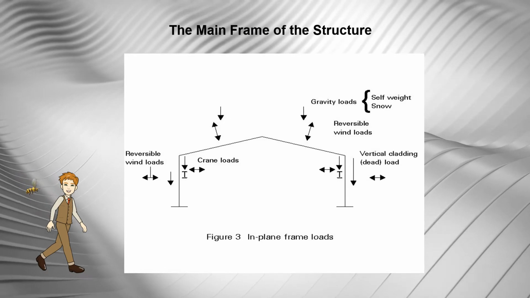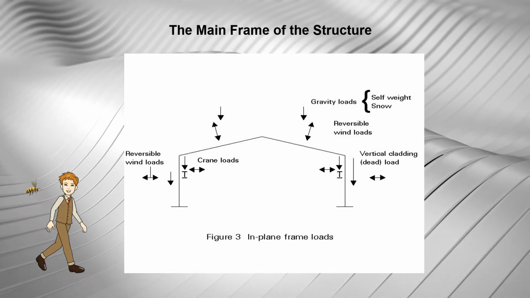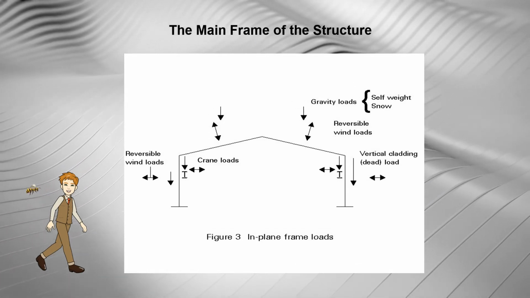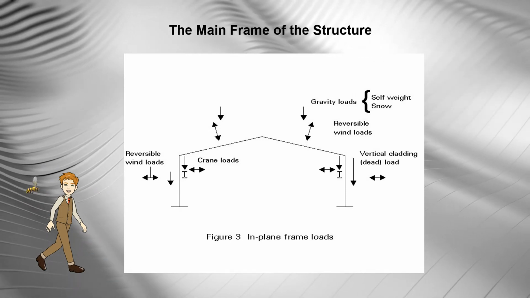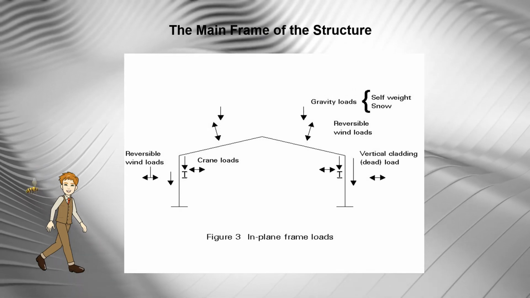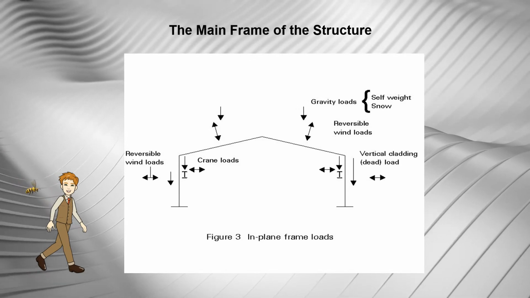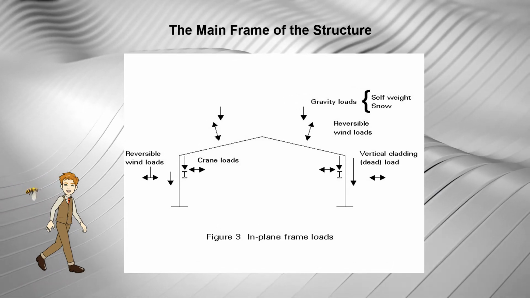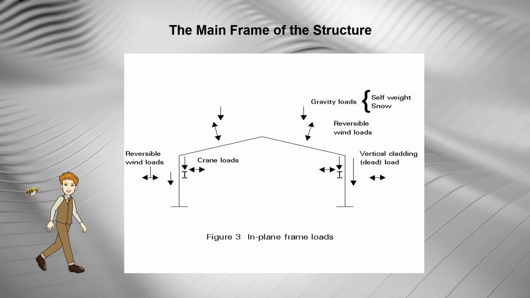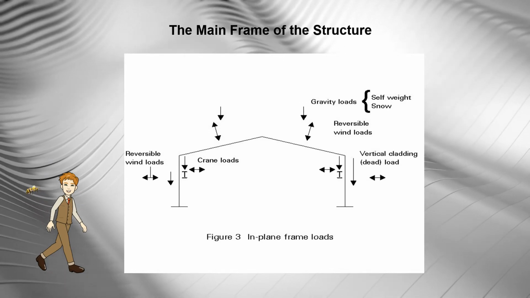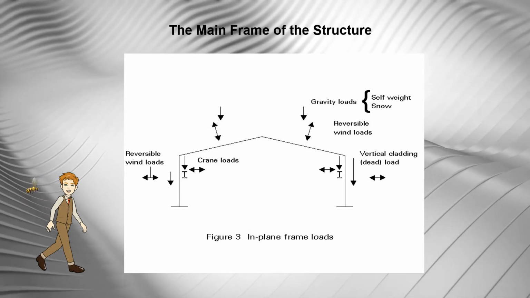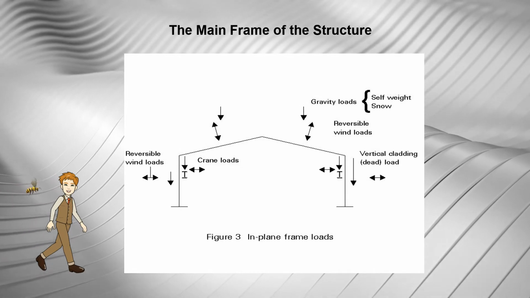The loads are transferred from the sheeting onto the purlins and rails, which in turn are supported by a primary or main structure. These loads will include: number 1, the self weight of the cladding, of the secondary elements such as purlins and rails, and of the frame itself.